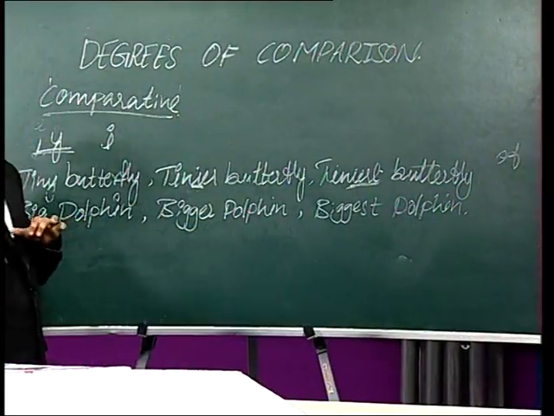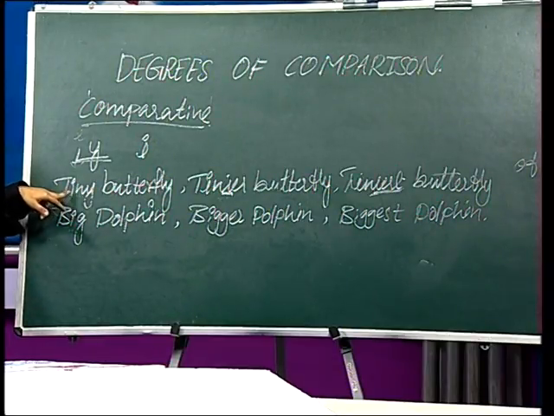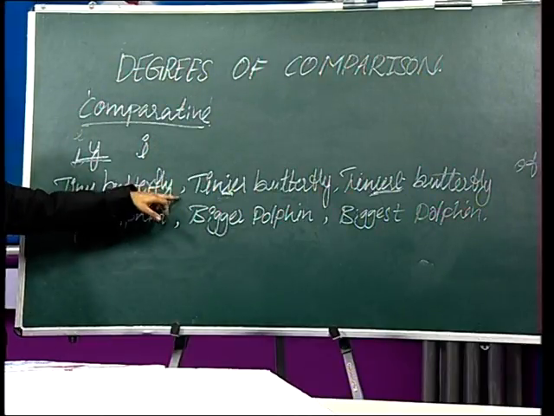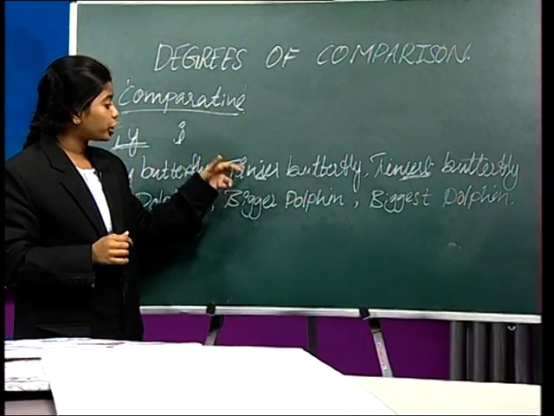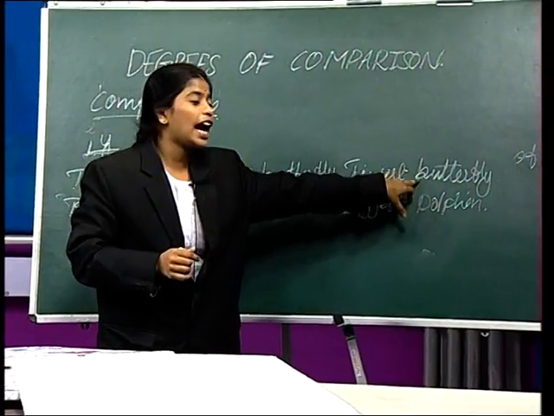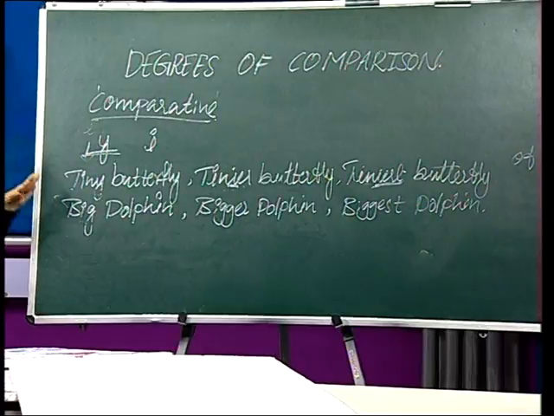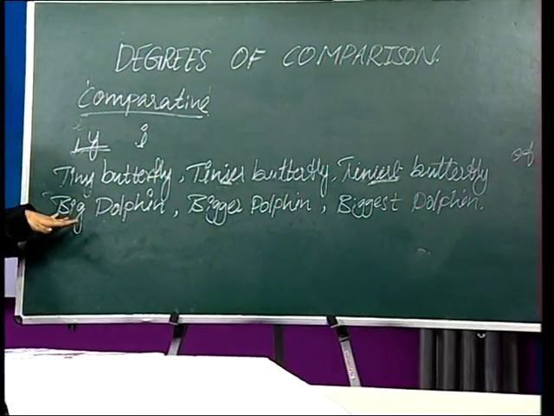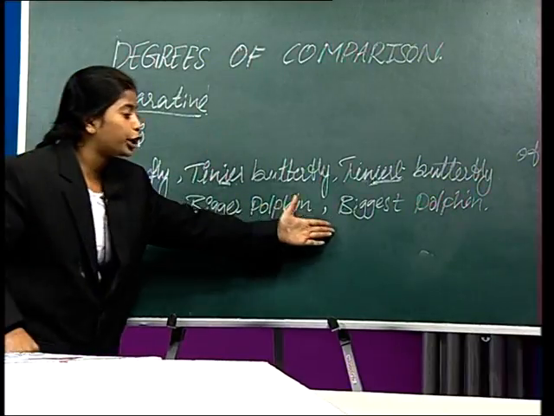Friends, do you all understand what we are adding here? In the positive form, there is only an adjective qualifying the noun, in the comparative form er is added, and in the superlative, est is added. In the same way, big dolphin, the G is doubled here, bigger dolphin, and in the superlative form, it becomes biggest dolphin.